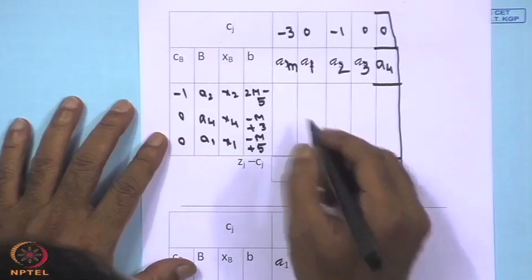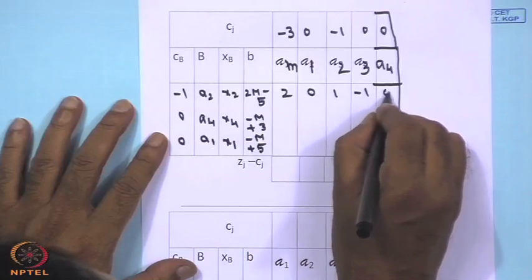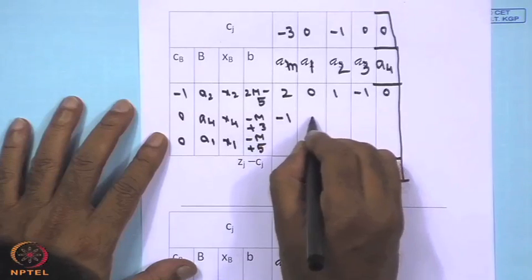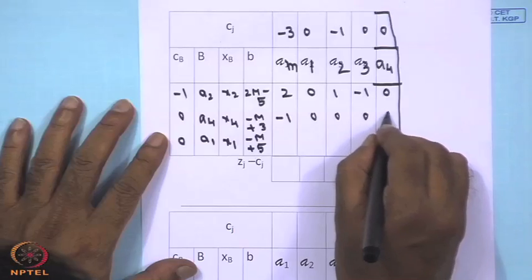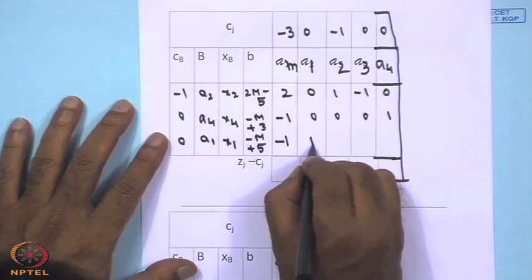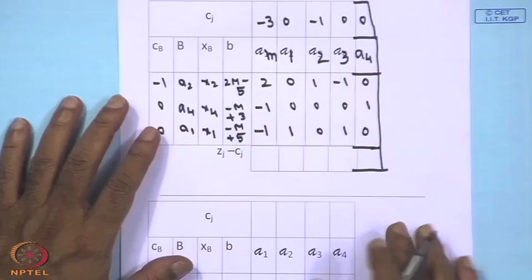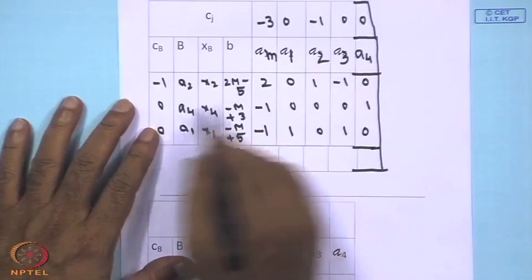The rows are 2, 0, 1, minus 1, 0, minus 1, 0, 0, 0 and 1, minus 1, 1, 0, 1, 0. So, now calculate the z j minus c j values again.